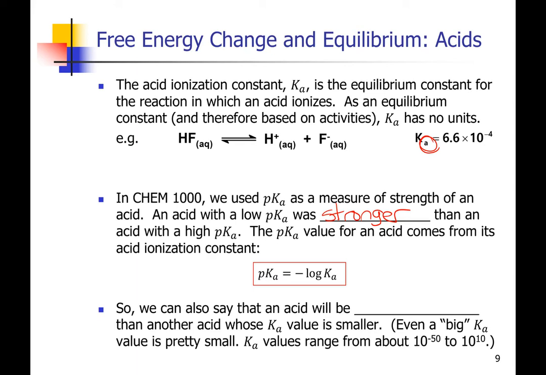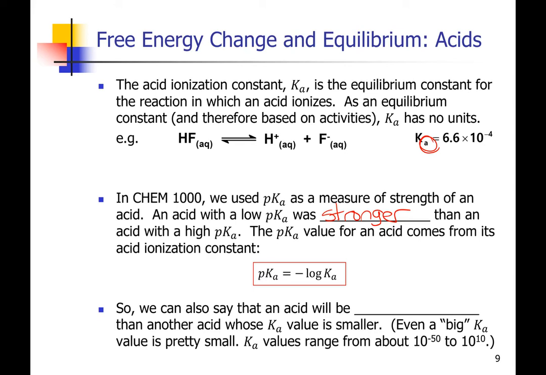So oftentimes you'll be presented with pKa values instead of Ka values. And the simple reason for that is that our brains like small numbers better than numbers that are either extremely large or so small that we have to use scientific notation with relatively large times 10 to the minus something numbers.